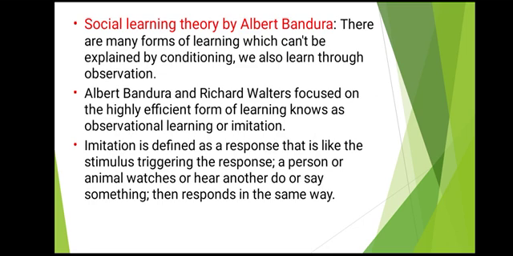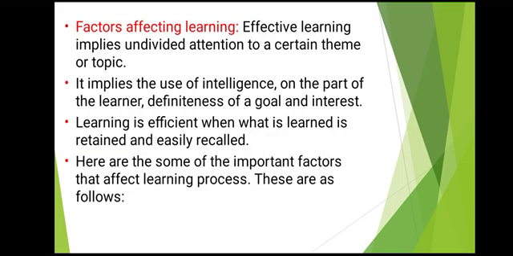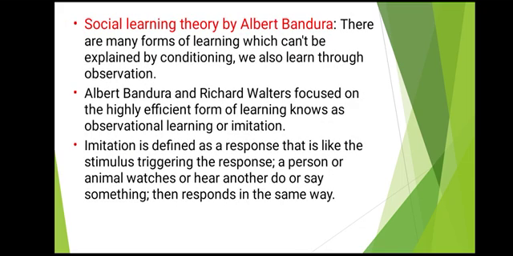It's a very simple learning theory. Only three processes are required to learn anything: observation, imitation, and practice. So this is all about social learning theory, and now I'm going to conclude all the theories.